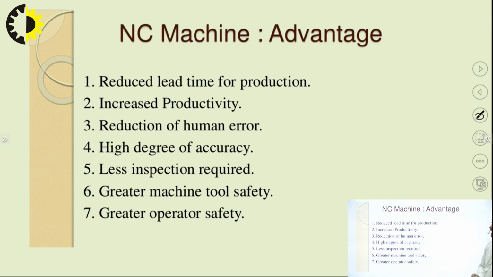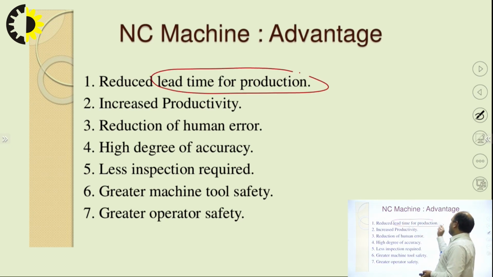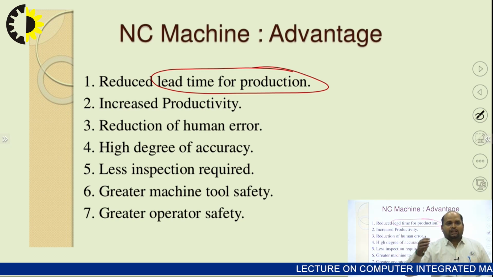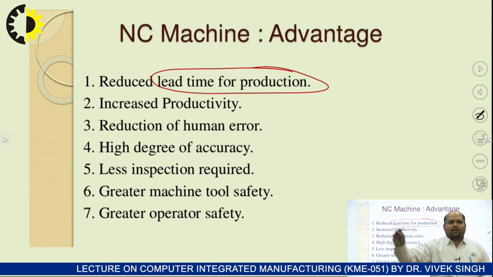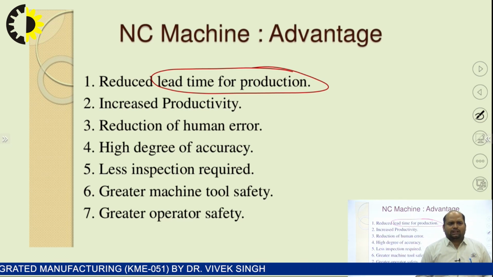Talking about the advantages of NC machines, one advantage is reduced lead time for production. In a general manufacturing process, production lead time plays a very vital role. Suppose in a manual system we manufacture 50 products, then it can be increased to 500 or even 5000 with the help of NC machines.